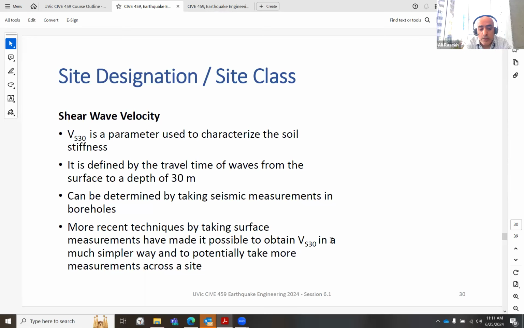And yeah, seismic measurements in boreholes is one way to get the shear wave velocity. That's a technique that still is being used a lot.